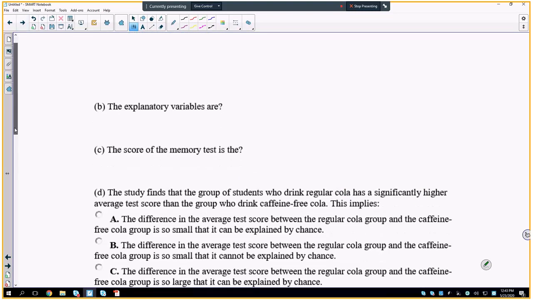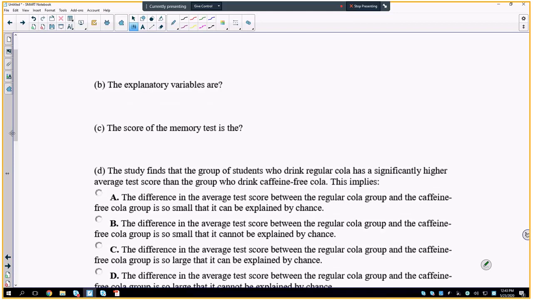So explanatory variables will be caffeine-free cola, regular cola, and half, a mixture of the two.